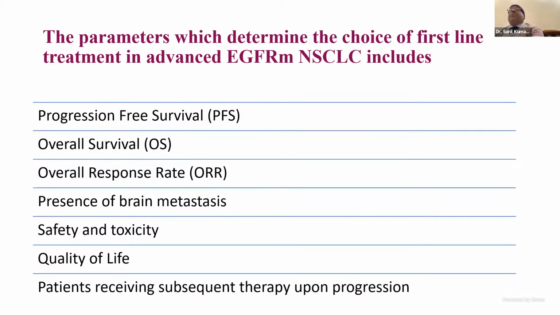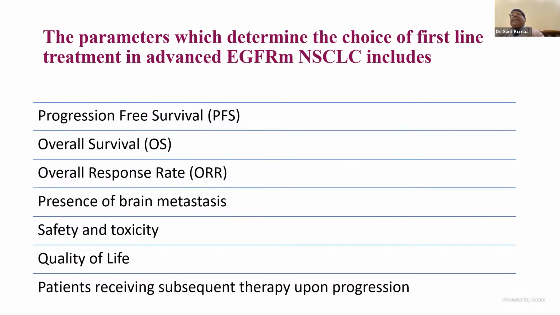The basis of selection of drug depends on the phase 3 trial, progression-free survival, overall response rate, and presence of brain mets, which is very important: which TKI is crossing the blood-brain barrier, and how much benefit you can have with the TKIs that cross the blood-brain barrier. Safety and toxicity is again a parameter.